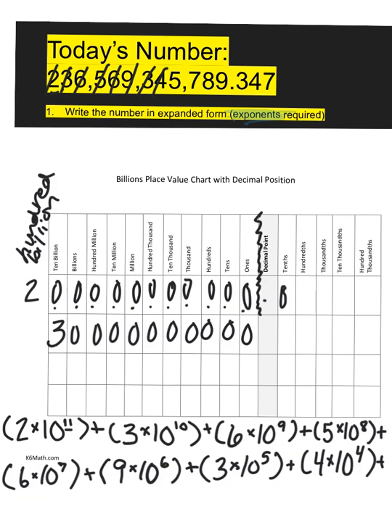Okay, now 10 to the 4th power gets me to my 10,000s place. That makes sense. Here I am in my 10,000s place. Now I'm in my thousands place, and we know that's 10 to the 3rd power.